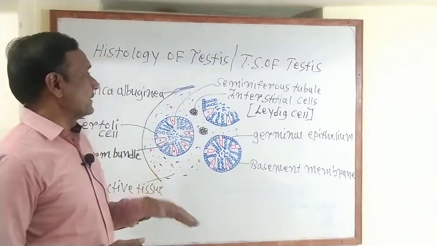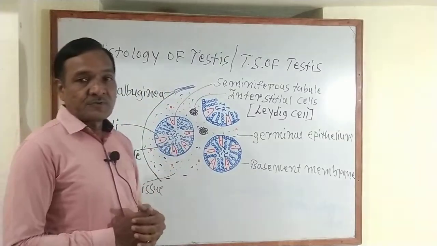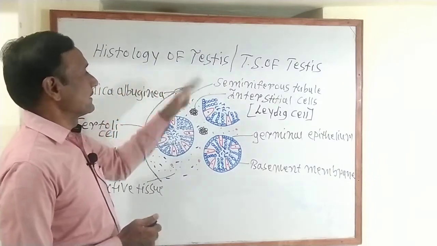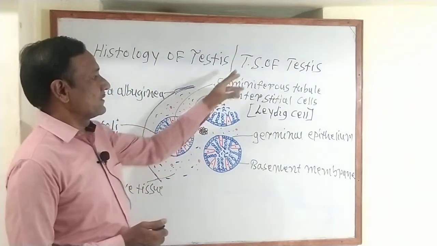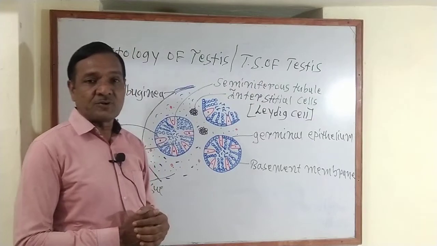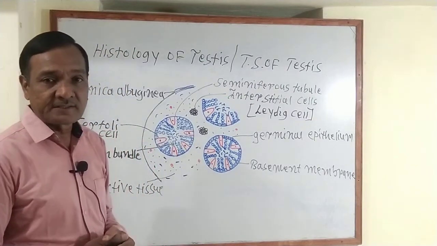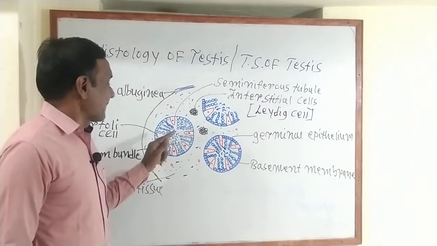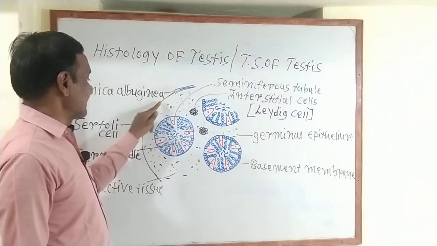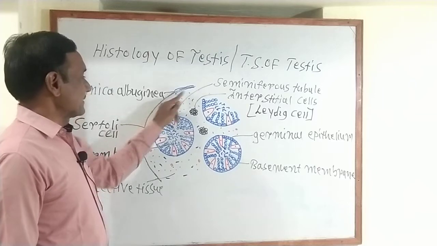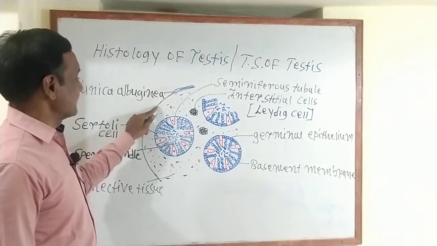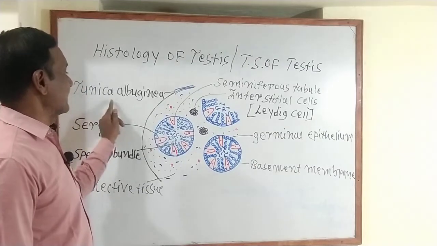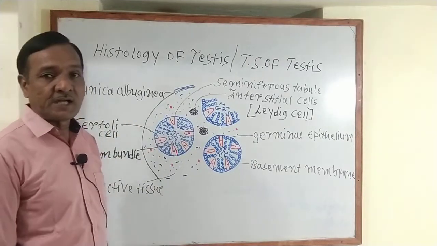Now, today we will study the histology of testes, or transverse section of testes, or internal structure of testes. Now listen here. The testis is externally covered by a collagenous connective tissue layer that is called the tunica albuginea.